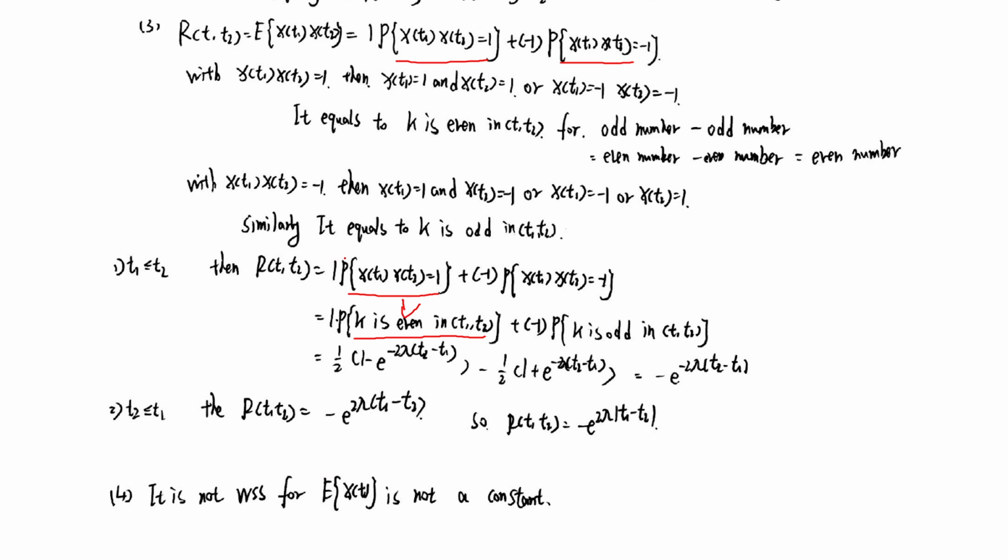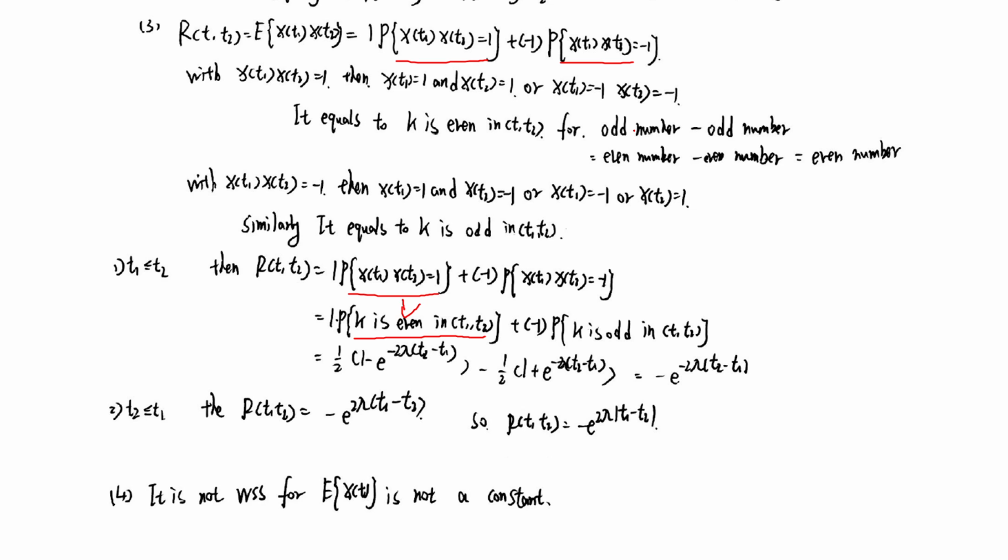And similarly, for the second circumstance, the probability that xt1 multiplied by xt2 equals negative 1 equals the probability that k is odd in the range between t1 and t2. Because to make sure xt1 multiplied by xt2 equals negative 1, there are only two different circumstances.